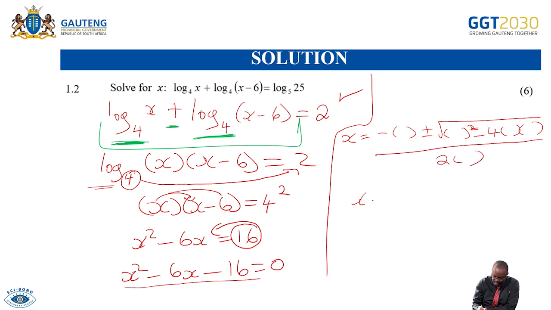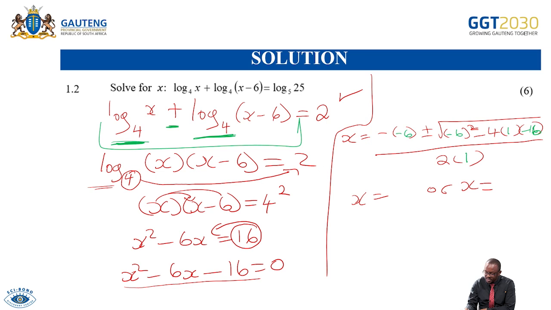Now we substitute: negative 6, 1, negative 16, and 1.